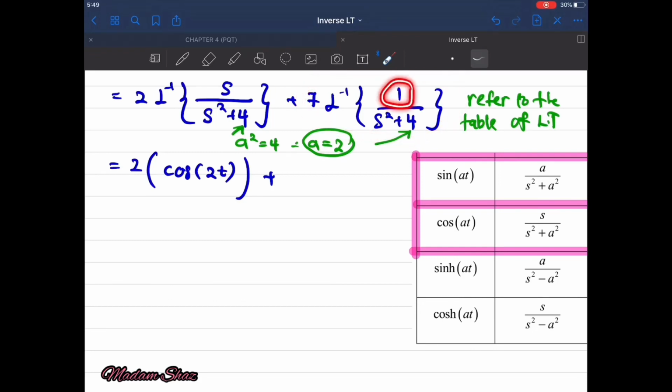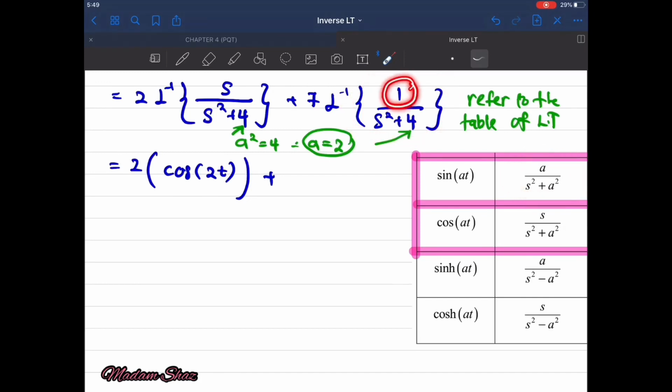So for this one, the upper side is 1. In the table is a at the upper side. So you have to write Laplace inverse 1 over s square plus 4 as the same term as a over s square plus a square.